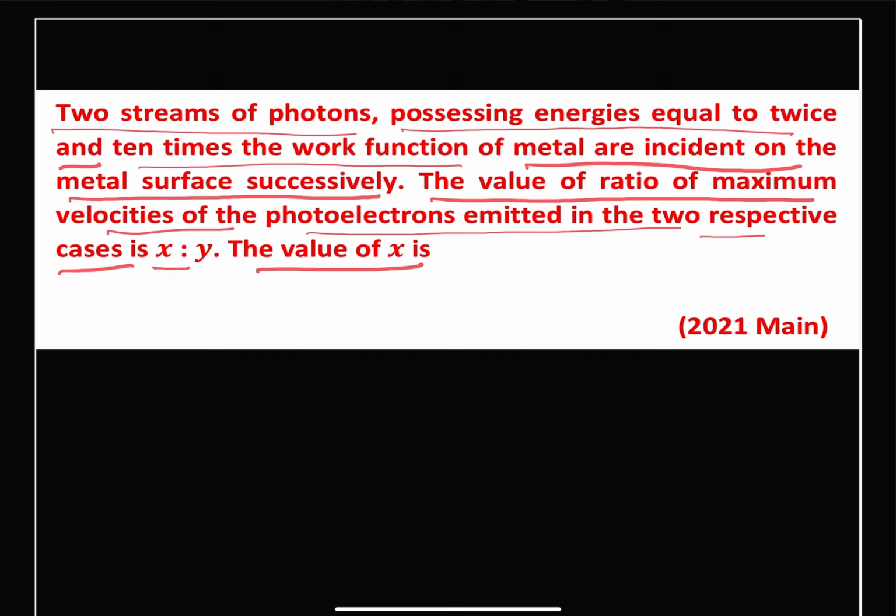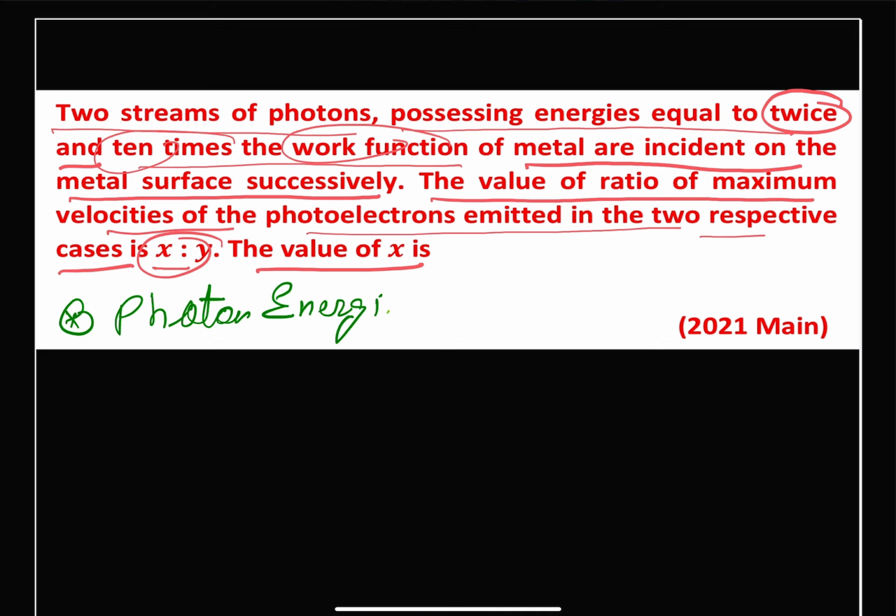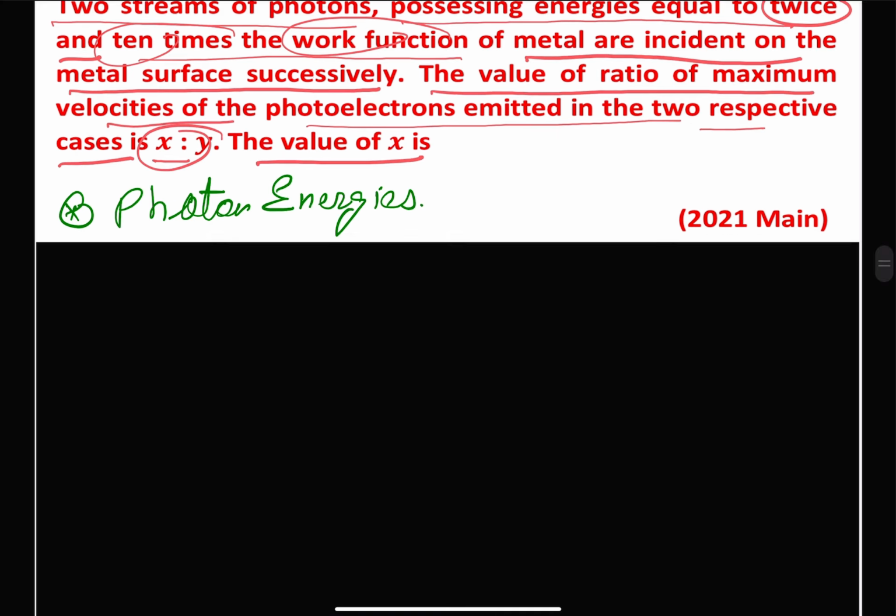So in this case, we are given two streams of photons and their energy is equal to twice and 10 times the work function. And we are supposed to find the ratio of their respective maximum velocities. So we have two photons.